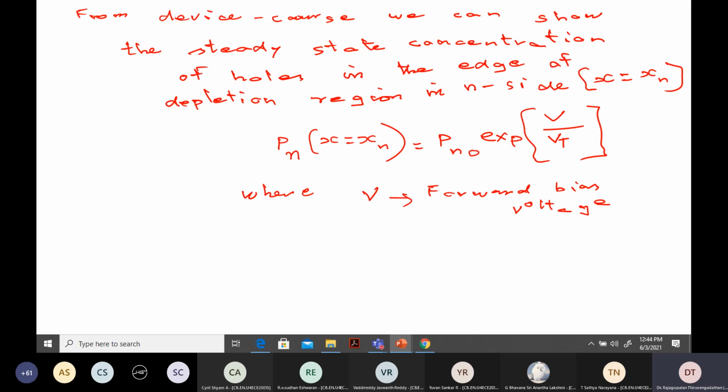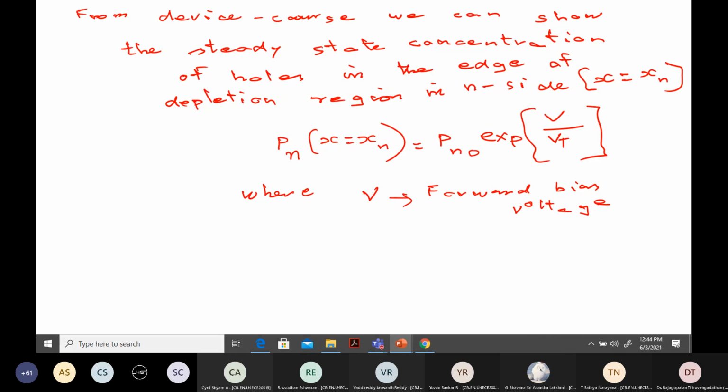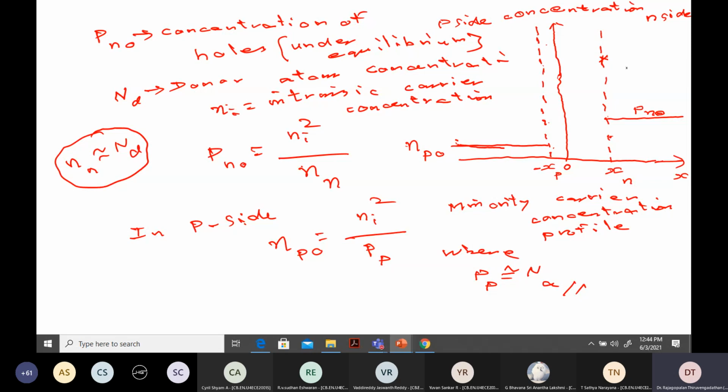You can clearly see from this figure, let us say this was the value I found out here. Now this is already there, so this value minus the equilibrium value will be the excess. So this part will be the excess holes as a result of forward bias, and this is my equilibrium value.